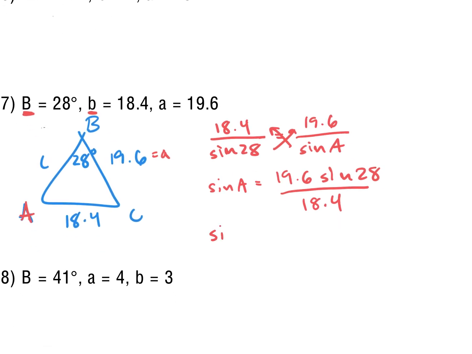So what's the sine of A equal to? Well, angle A is 30, right? So angle A is 30 degrees, because we found sine of A was a decimal, and then we had to take the inverse sine of that. So remember, we have to do sine -1 of whatever that number is, and that gives us the angle.